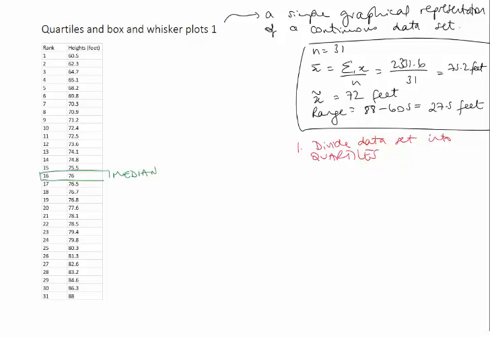So the rule is that the median, here we've got an odd number, so the median goes in both halves. So if we've divided it in half by the median, we've got sections of 8.